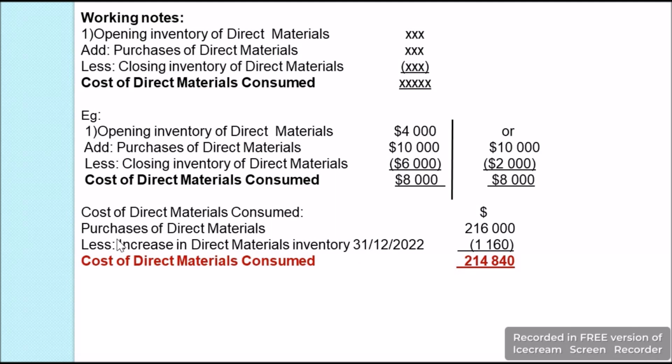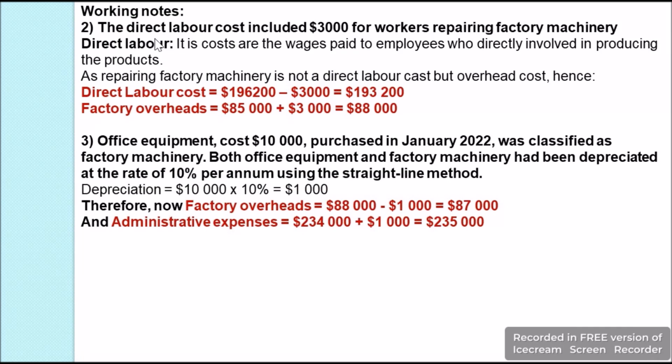The purchases of direct material was $216,000, and the increase in the direct material inventory on 31st December 2022 was $1,160. When we subtract this, we get the cost of direct material consumed as $214,840.